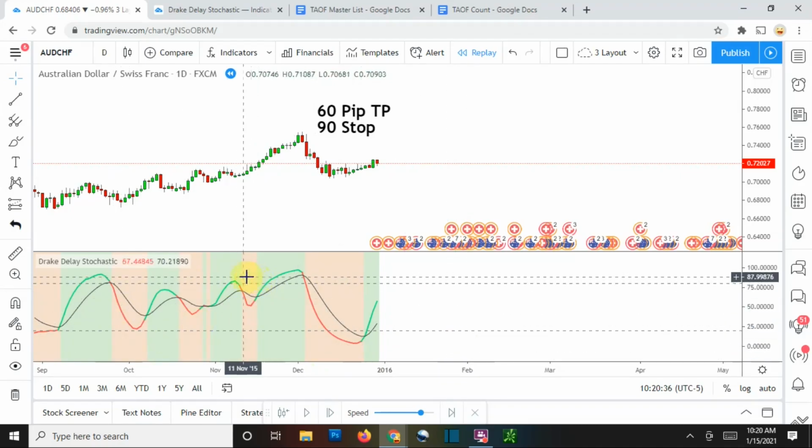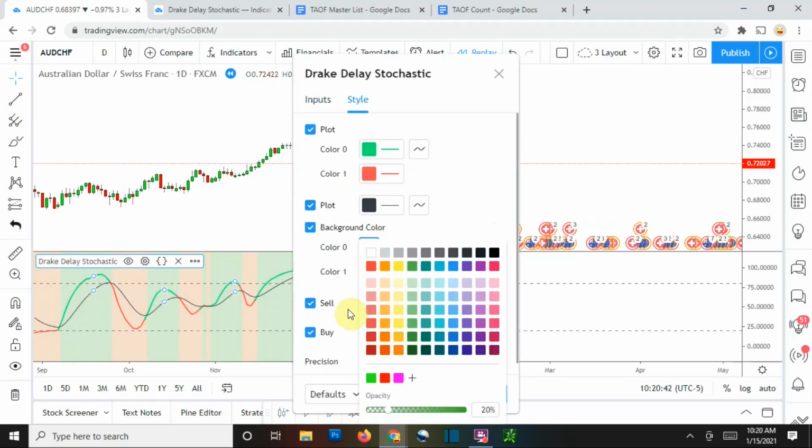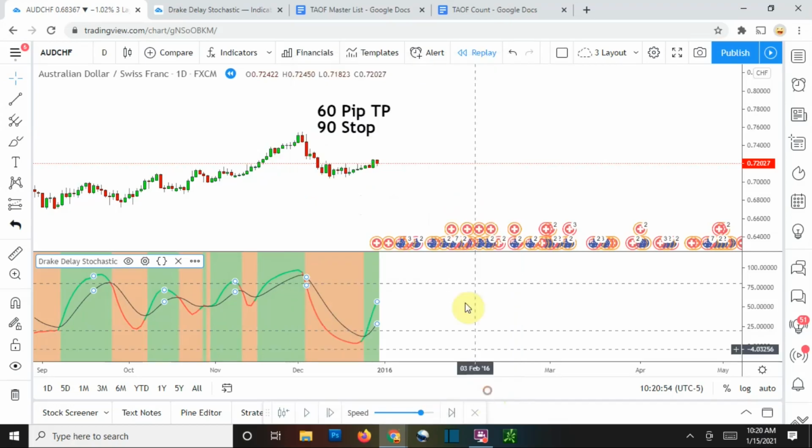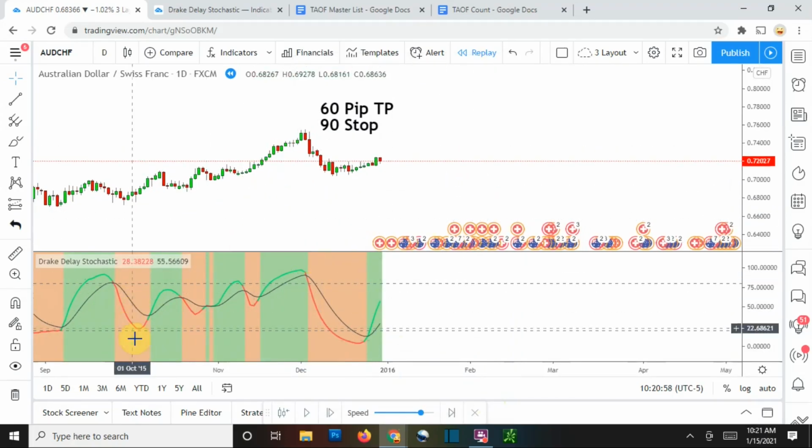And then you have the coloration in the background, which is rather difficult to see. So what we could do is bump those up to say 45. Something like that. That way we can see it a little bit better.